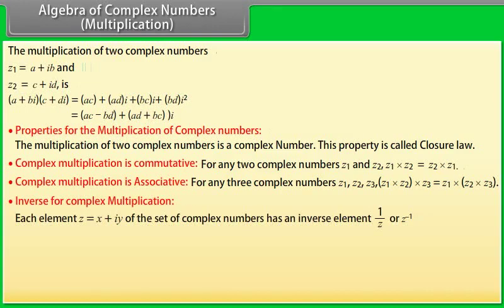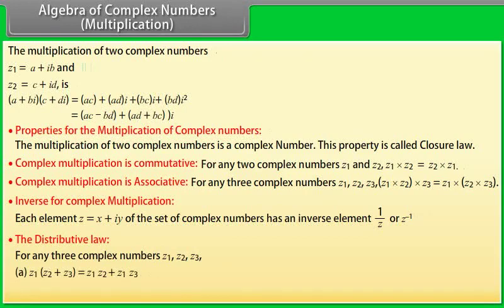Each element Z equal to x plus iota y of the set of complex numbers has an inverse element, 1 by Z or inverse of Z. The distributive law. For any three complex numbers Z1, Z2, Z3, Z1 into (Z2 plus Z3) is equal to Z1 into Z2 plus Z1 into Z3. (Z1 plus Z2) into Z3 is equal to Z1 into Z3 plus Z2 into Z3.